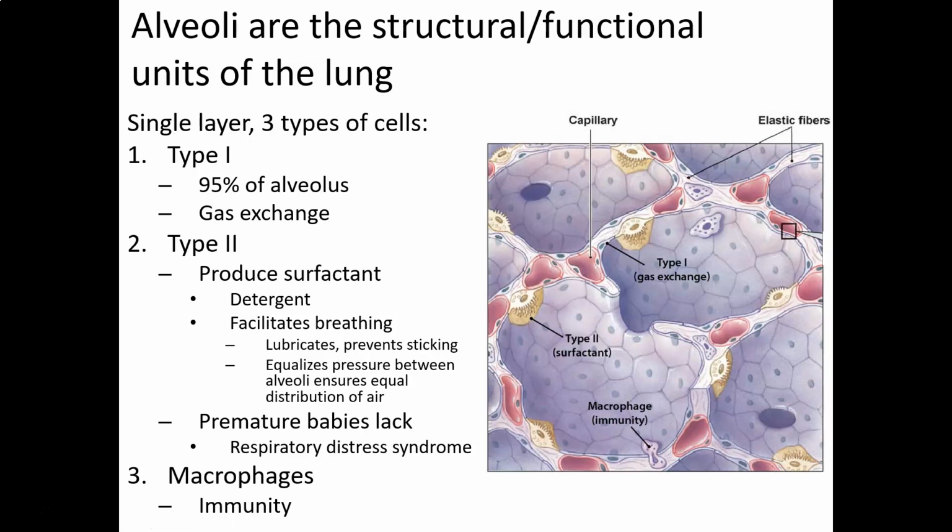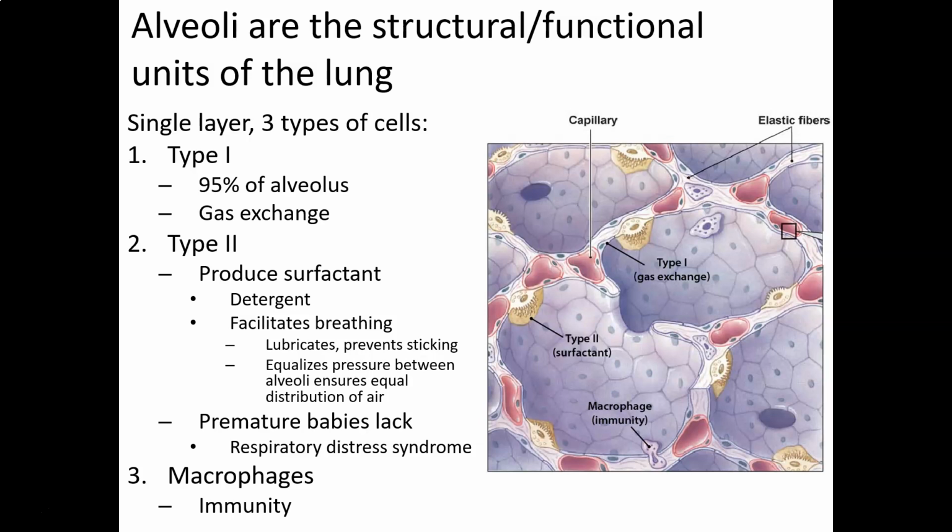Humans don't start producing type 2 alveolar cells, though, until usually the 32nd to 36th week of pregnancy. And so if babies are born premature, they often lack the ability to produce surfactant because they don't have the mature type 2 cells. And so then they have to be ventilated until they can develop those.